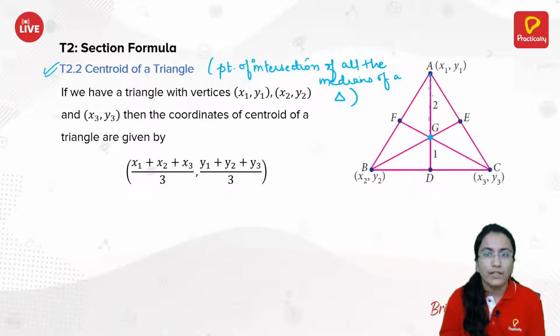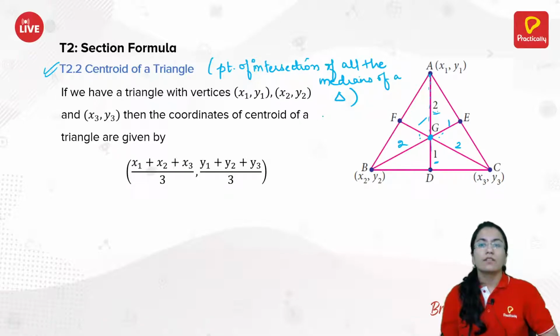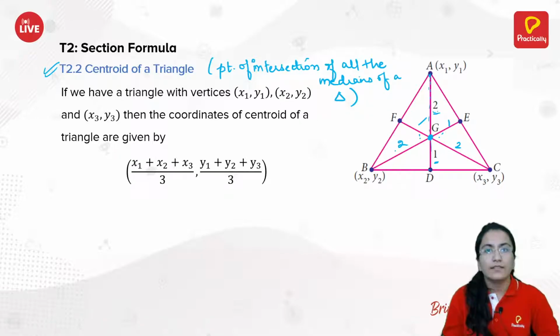Where you have the vertex, it will have two parts, and here you will have one part on this side, which is closer to the line. Similarly, BG is to GE will be in the ratio 2:1, and CG is to GF will be in the ratio 2:1. Based on this, you can apply the section formula and you will get the point of the centroid.